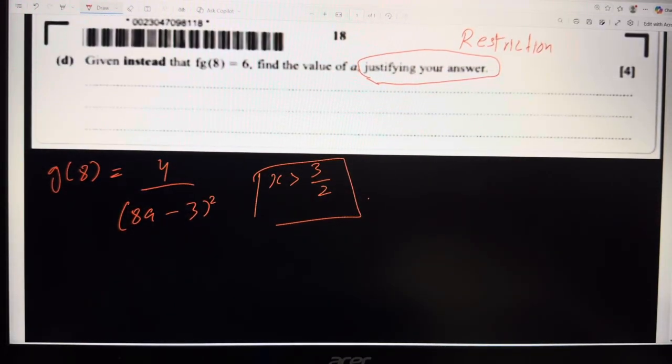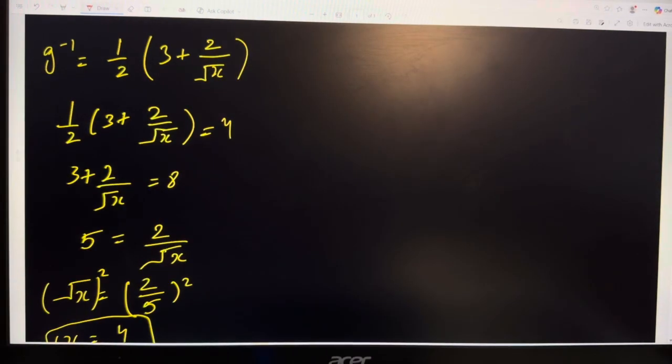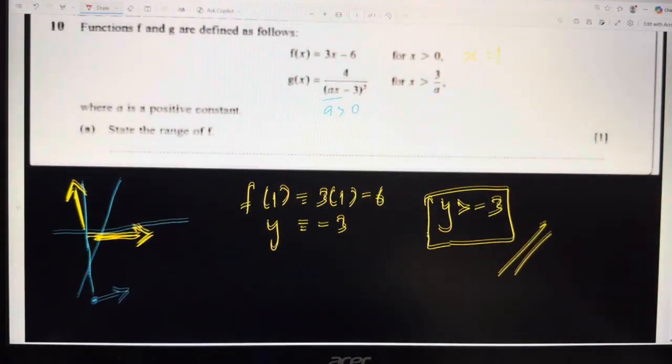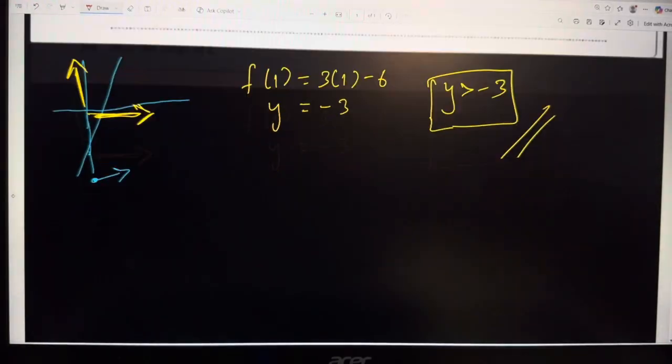We can't really further solve this, so we can place this in function f. So function f is what? Function f is 3x minus 6.